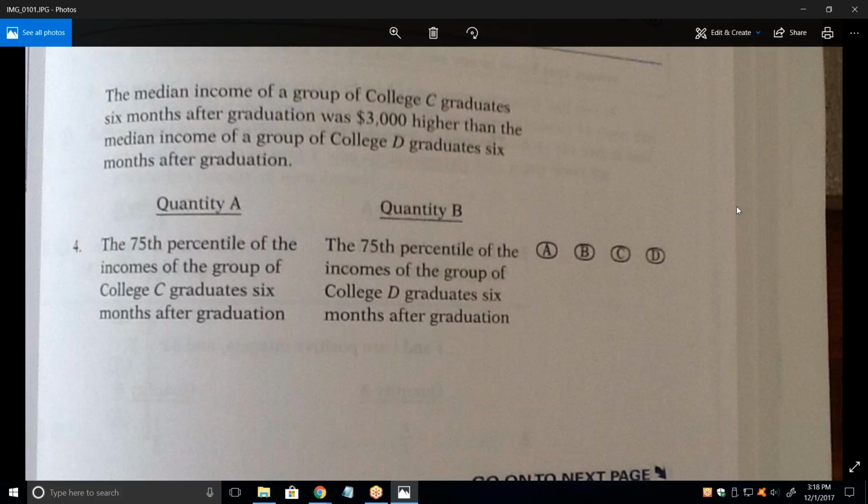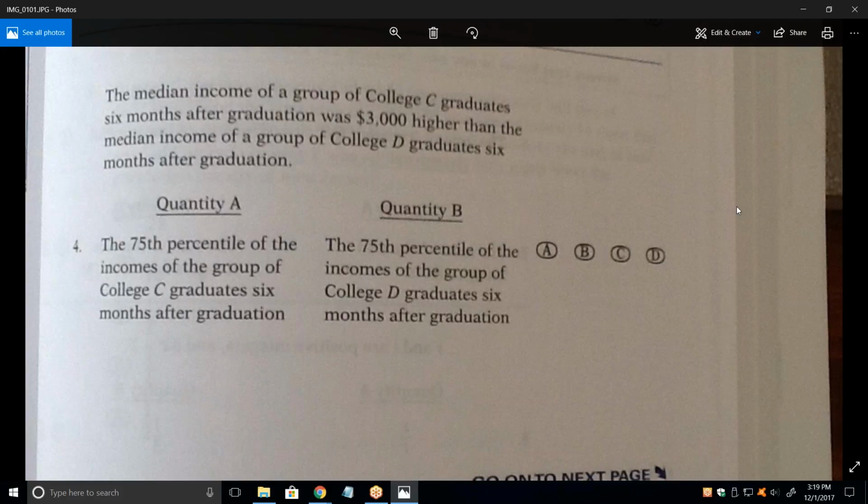Any ideas on this one? Median income. Median means middle. 3,000 higher than the median after 6 months of graduation. The 75th percentile of the incomes of the group C. Oh, do you have to do the standard deviation with this?